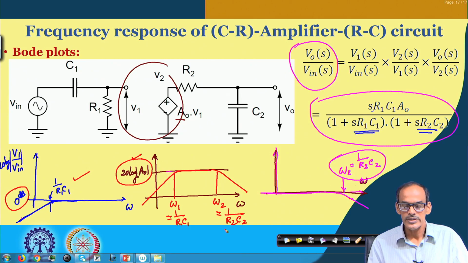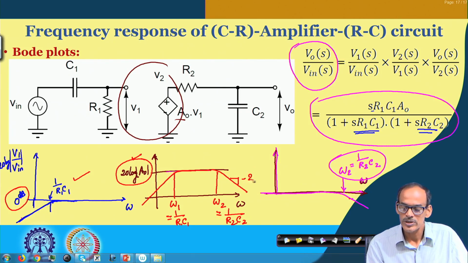I think this intuition will help you. Since this is a single pole roll off, later we will discuss what will happen if you have a double pole roll off, namely two poles exactly at the same frequency, but for the time being they are single pole roll off.